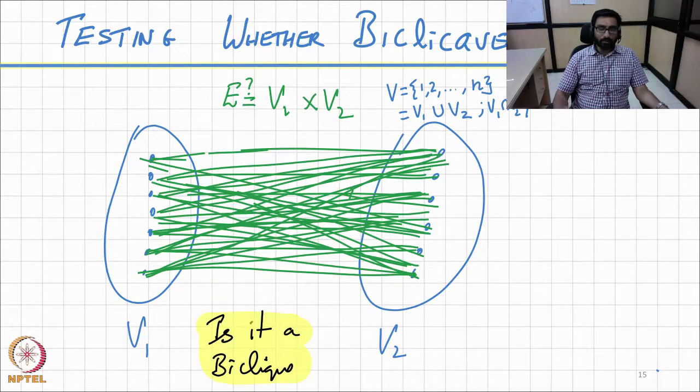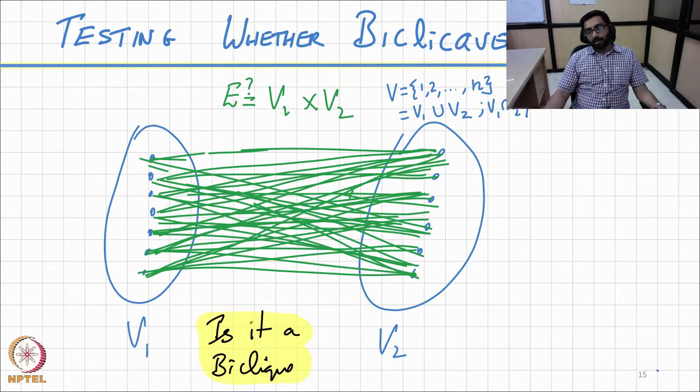Moreover, it's a biclique if the edge set is exactly equal to V1 cross V2. So every pair of vertices such that one of them is in V1 and the other is in V2 must have an edge between them. And that's what a biclique is. And of course, we are interested in testing whether the given graph is a biclique.